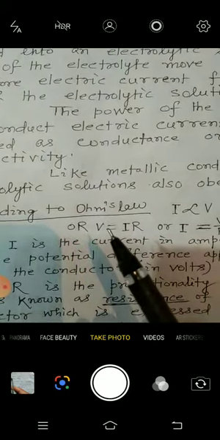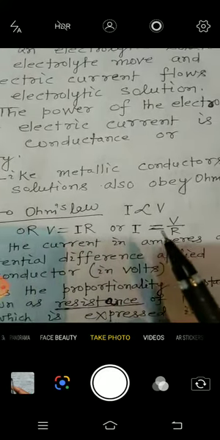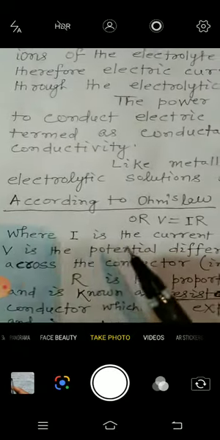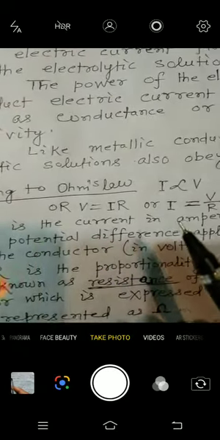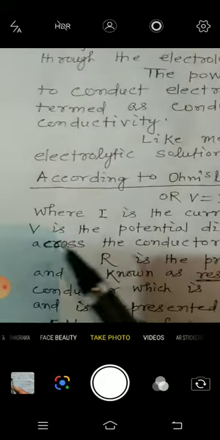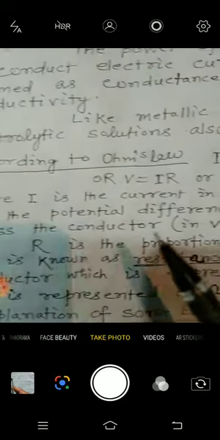So V is equal to IR, or I is equal to V by R, where I is the current in ampere and V is the potential difference applied across the conductor in volts.